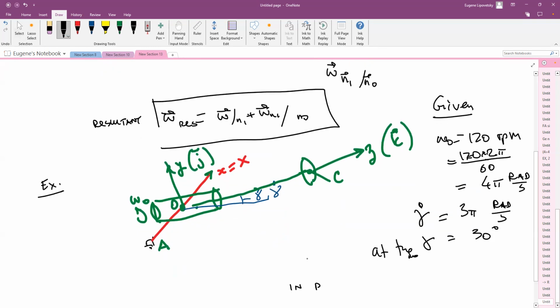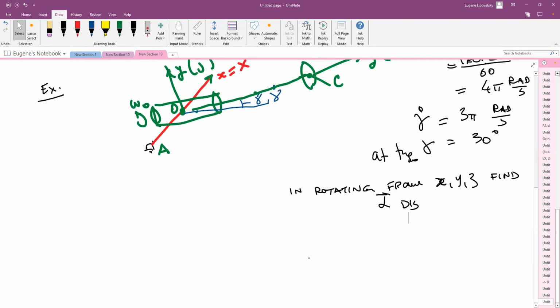In the rotating frame X, Y, Z, find the alpha of the disk, the velocity of point A, well, I didn't mark it correctly.